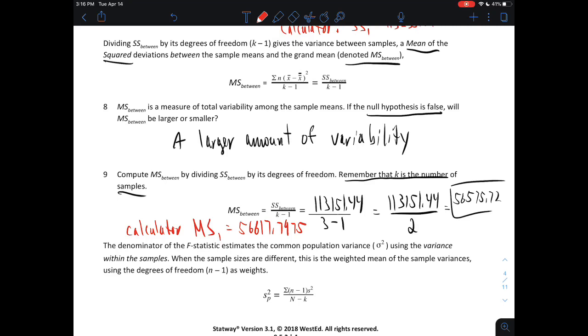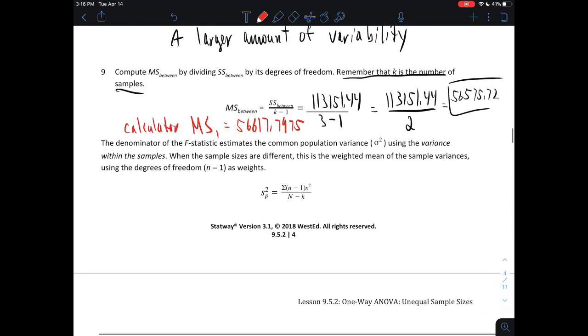So I'm going to jump back to the workbook, picking up right below number 9. It says the denominator of the F statistic estimates the common population variance, sigma squared, using the variance within the samples. When the sample sizes are different, this is the weighted mean of the sample variances, using the degrees of freedom n-1 as weights.